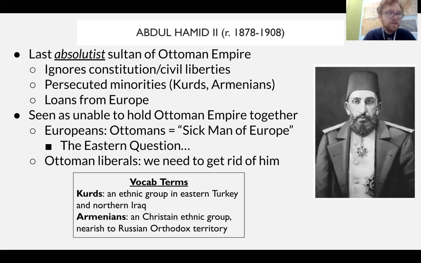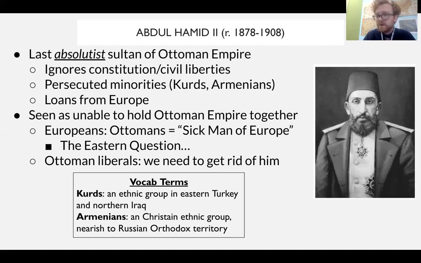It's going to have a huge public relations campaign disaster because all of these factors are going to signal to Western Europe that the Ottomans can't take care of their empire. There's this notion of the Ottomans being the sick man of Europe.